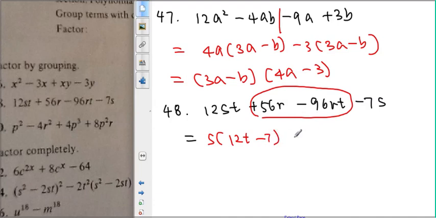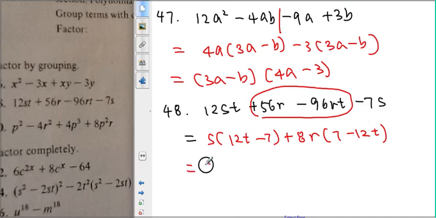Now the second one, so r is common, but not only r, 8 is also common to 8r. Then we end up getting here 7 minus 12t. But you realize that these are about the same except the sign in the middle, so I can multiply by negative 1.